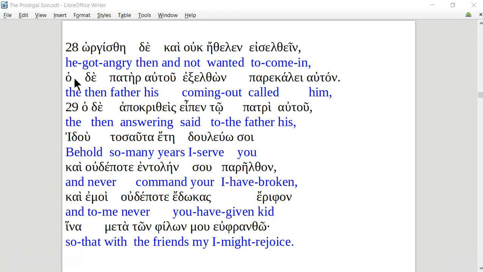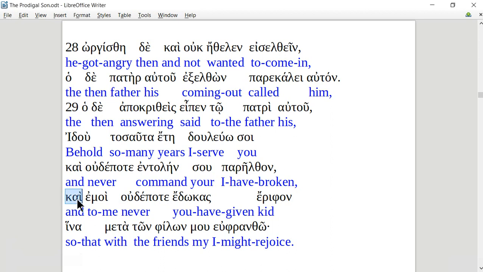And again, here ho is just masculine singular, so he, or in this case the noun is he, so we just say his father came out. He didn't want to go in, so his father came out, called to him. This is now again the older brother, then answering, said to his father, "Behold, so many years I serve you, and oudepote entolen sou I have broken."